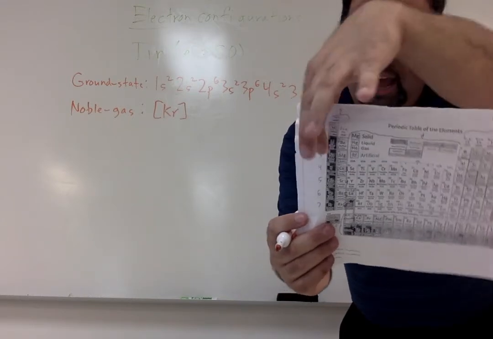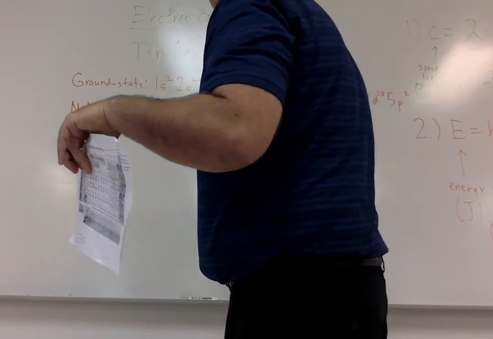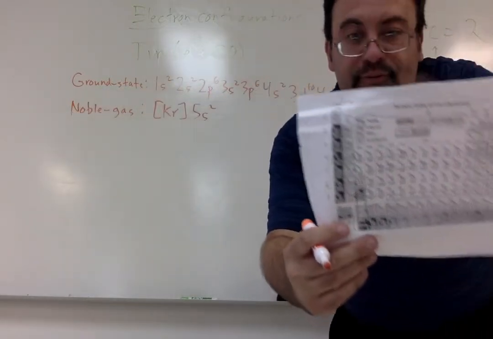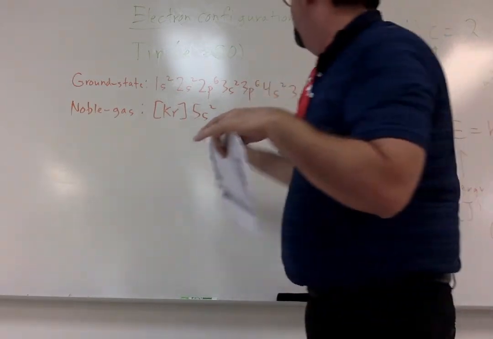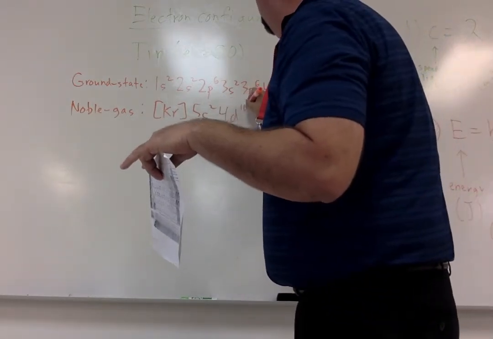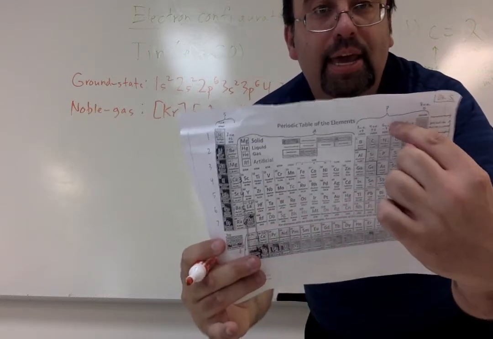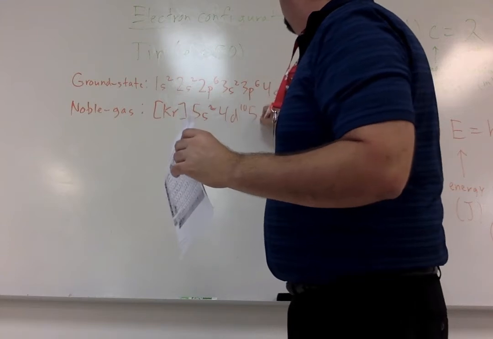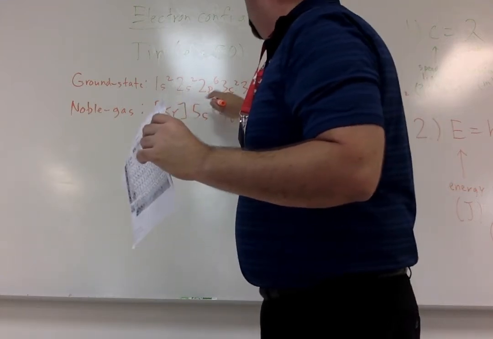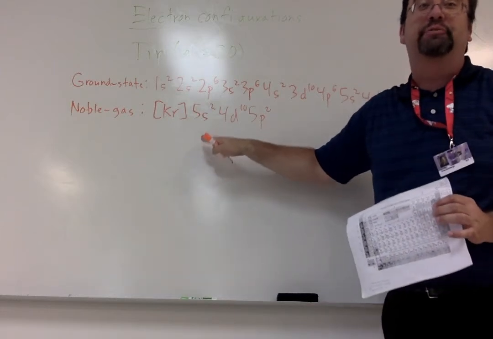So now we're going to be in 5s2. And then we have 4d10. And then finally 5p2. And so this now represents the noble gas configuration for tin.